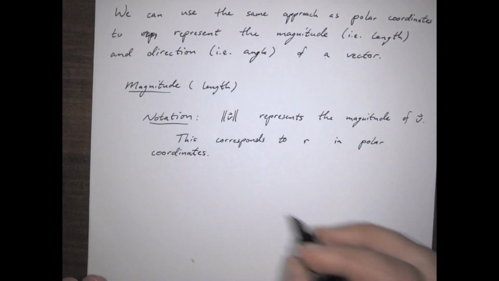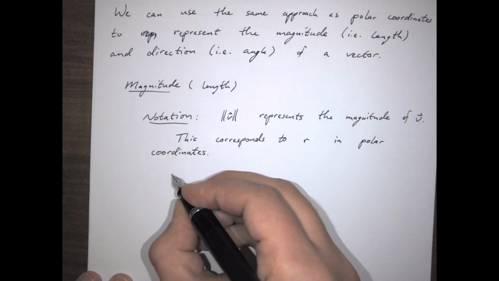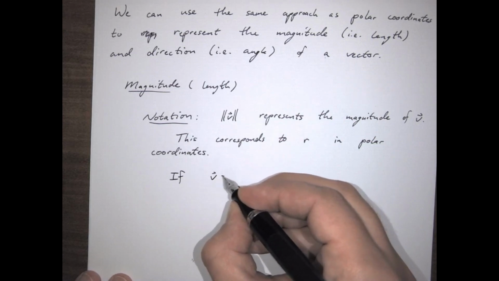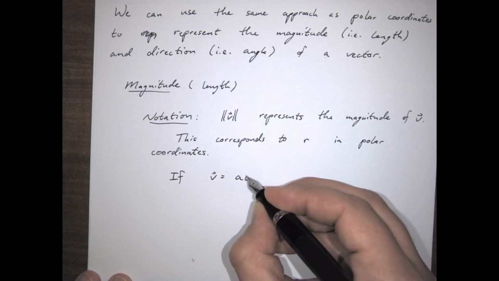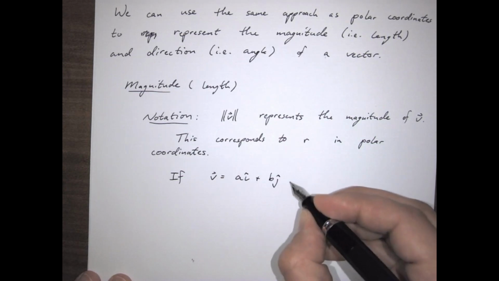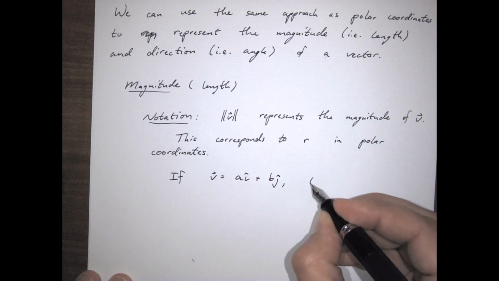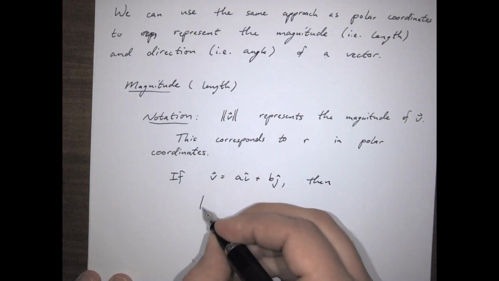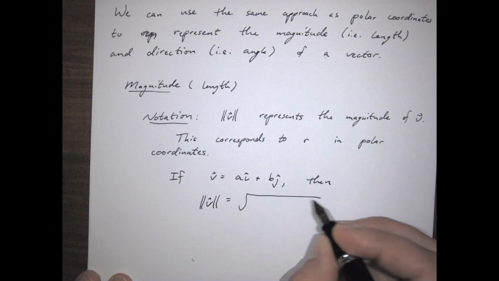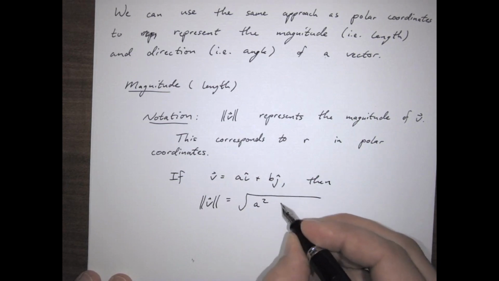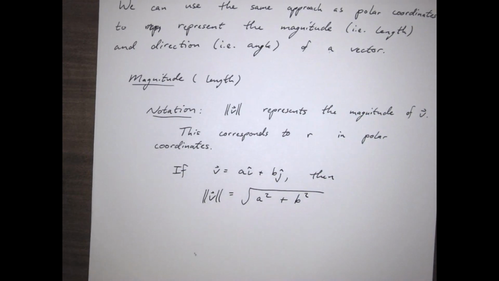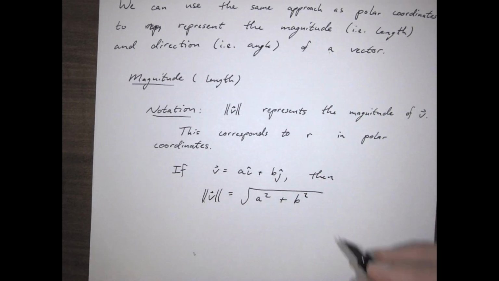So what that means then is, if v is equal to ai plus bj, then the magnitude of v is the same as the square root of a squared plus b squared.